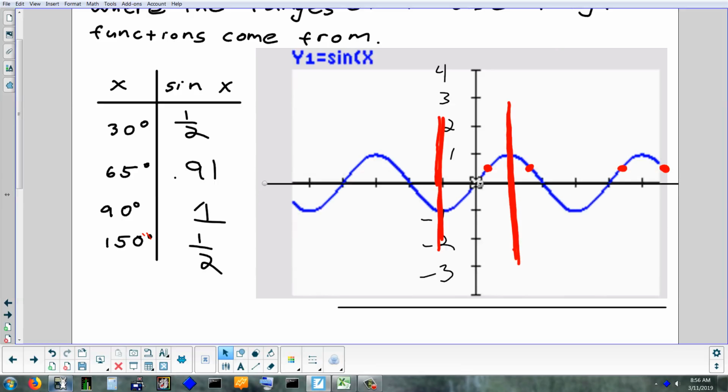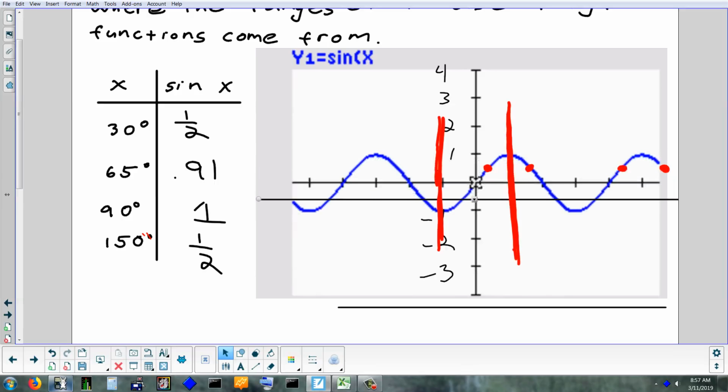Does it ever hit the graph more than once in that blue section? No matter where I put it? No. As long as you stay between negative 90 and 90, and there's other sections that would work too, but this is one section that works, and you never have the black line hit the blue line more than once, which means you will never get more than one answer, and that's what we want.